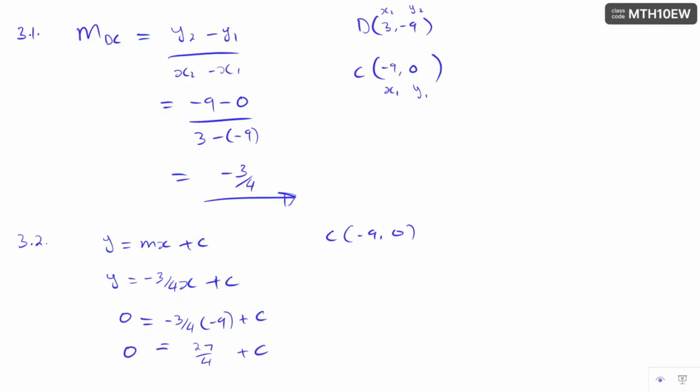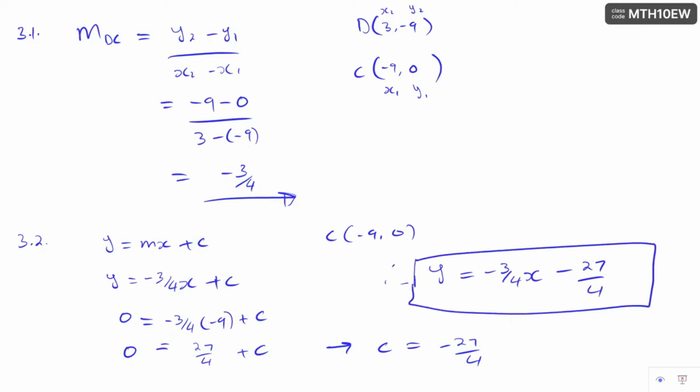So we need to take the constant to the other side. So we find our c to be -27 over 4. So final answer, y is equal to -3 over 4 x minus 27 over 4. So this is our answer.